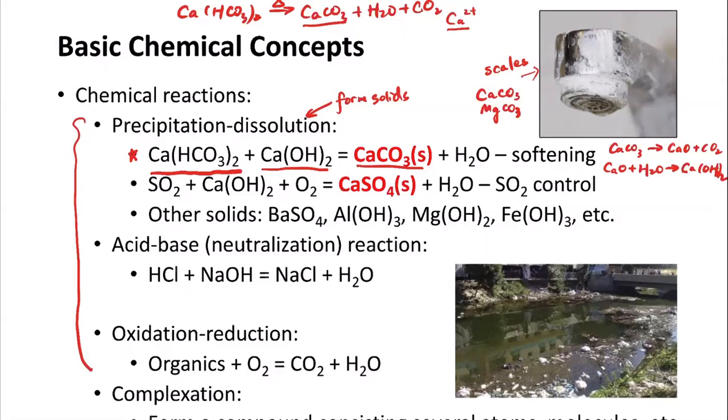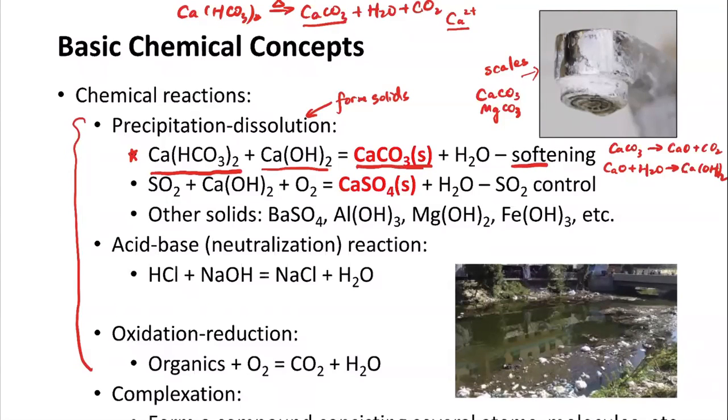Because of this precipitation dissolution reaction, you're going to start to see solids precipitate. In this way, you can remove these calcium ions from the underground water and then send it into, let's say, the tap and then into different households. And in drinking water treatment, we call this process softening.